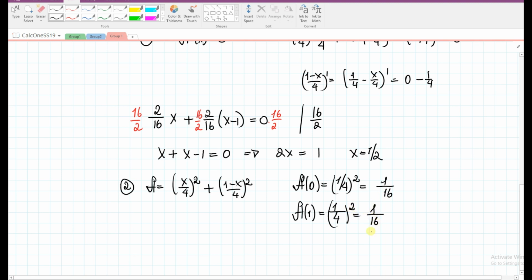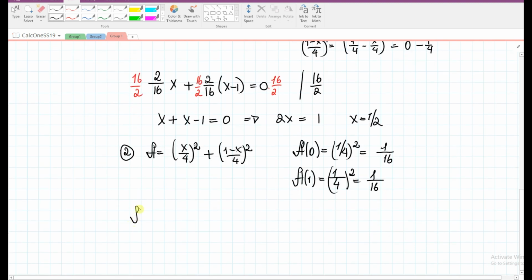So if we substitute 1 over 2, what will we get? We'll get 1 over 8 in the square, right? Plus 1 over 8 in the square. Right?